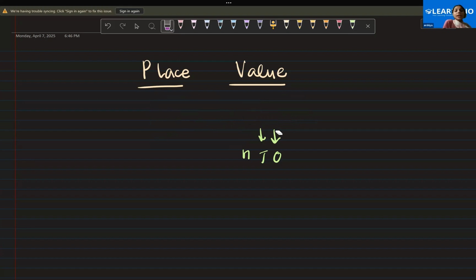Till where do you know the place value? What's the highest place value that you know? Till 1,000. All right. So let's take it till there only, so that it doesn't get confusing. If I have a number like 683, I'll easily be able to put ones, tens and hundreds, right?